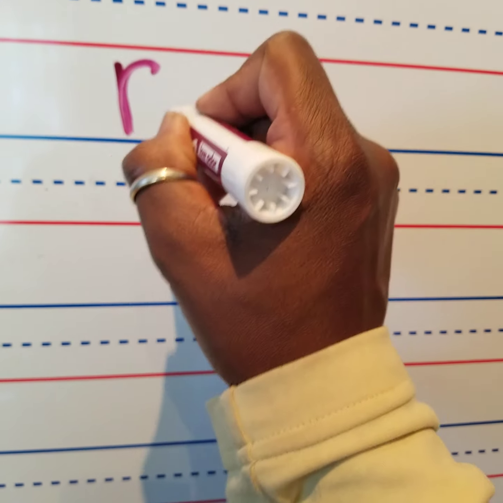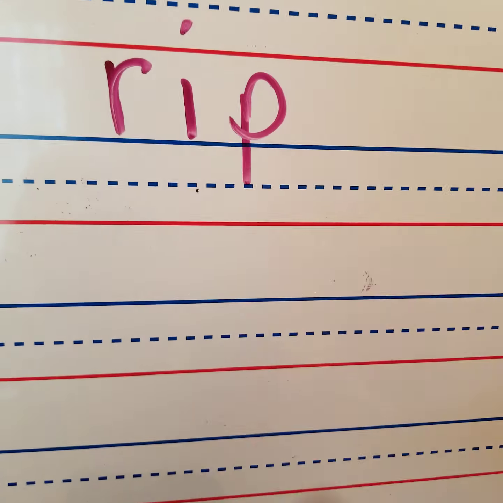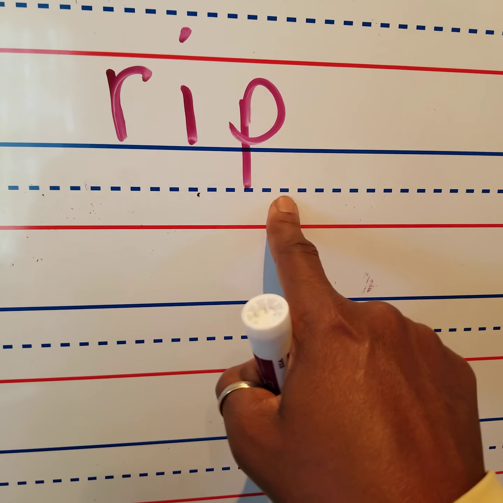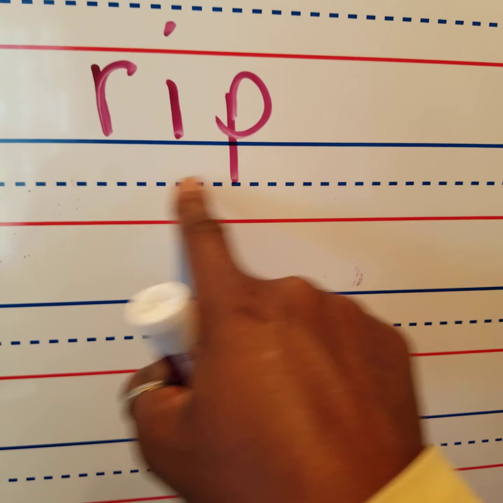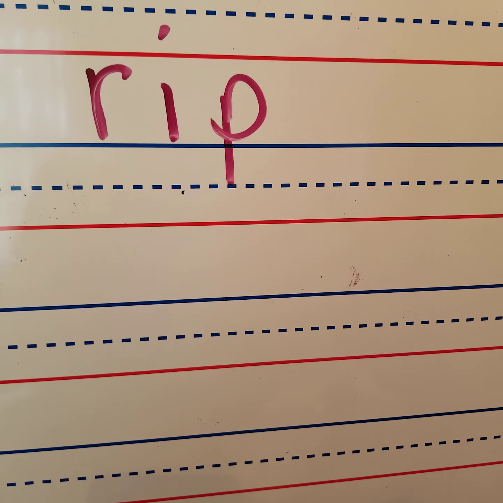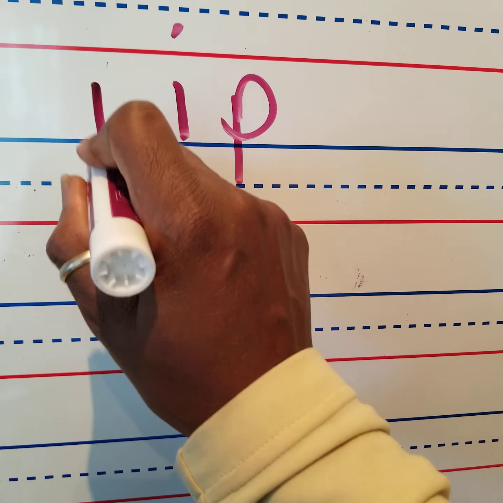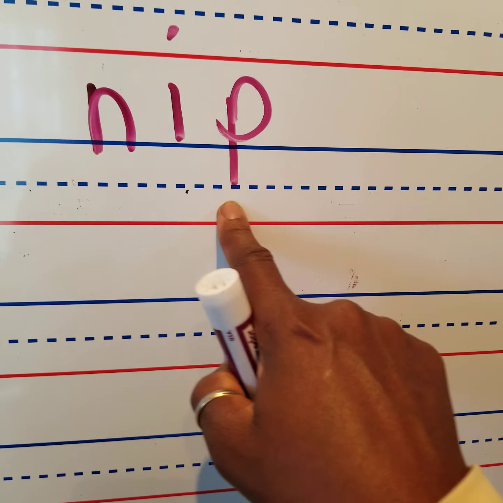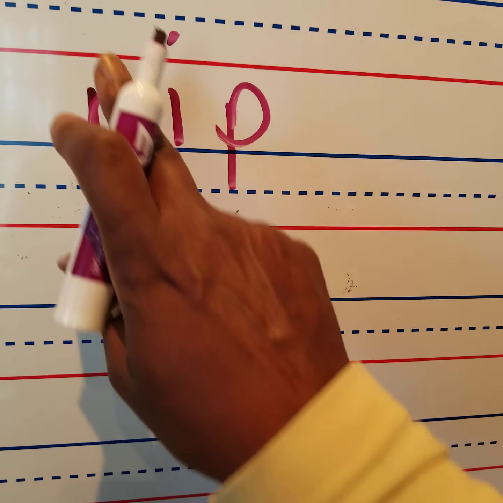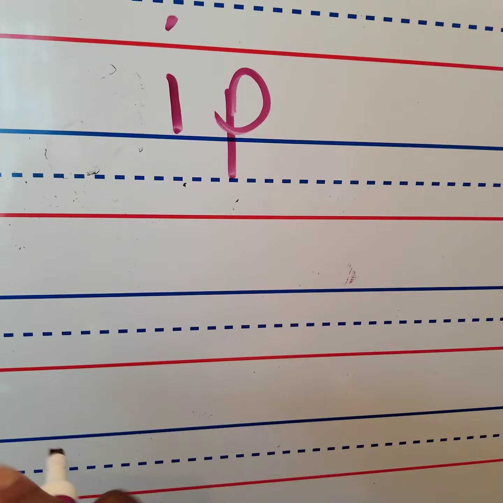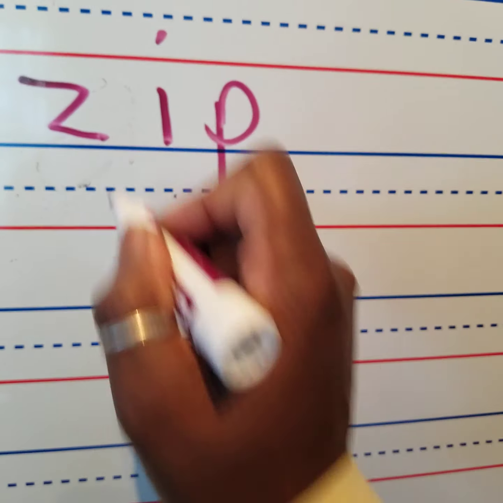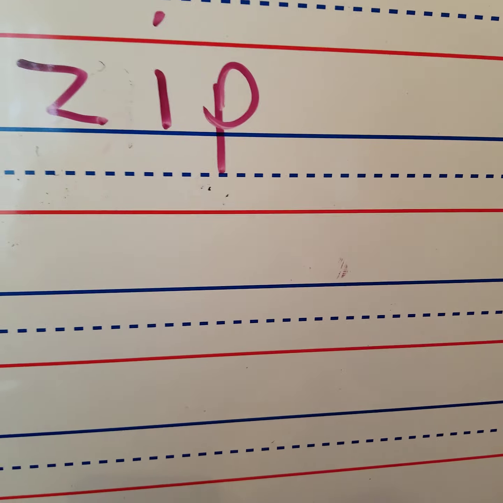Next word. Rip. If I change the R in rip to N, I have nip. And if I change the N to Z, I have zip.